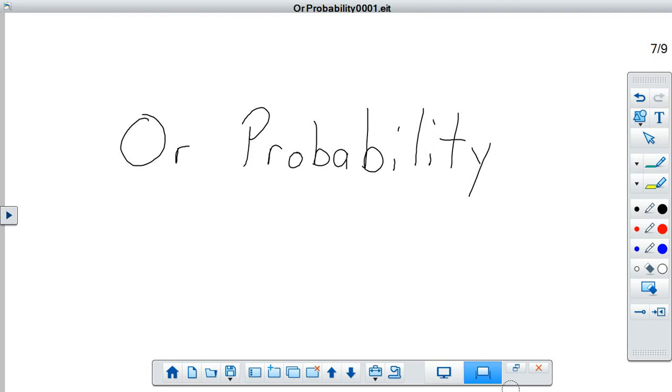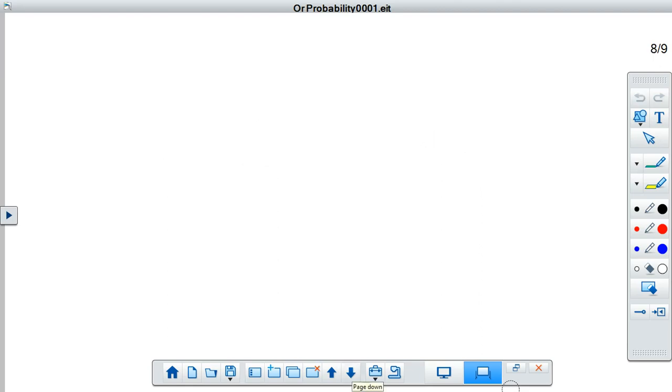I spin a spinner and I need either a 5 or an even number, something like that. So looking at that, now, when this occurs, there's a couple things that might happen. We might have what's called disjoint events. Disjoint. Another term you might hear get used is mutually exclusive.